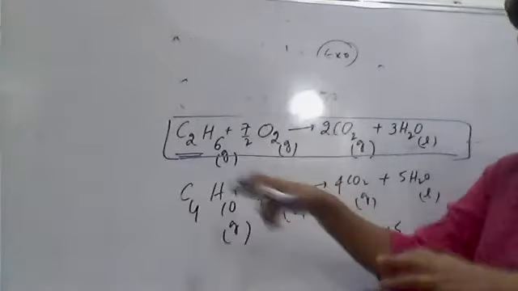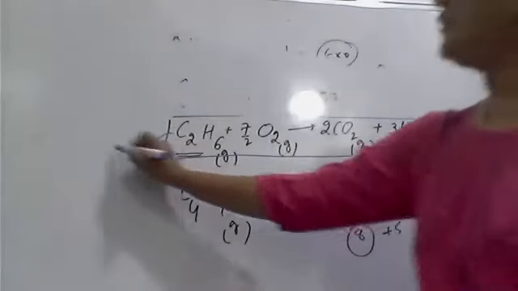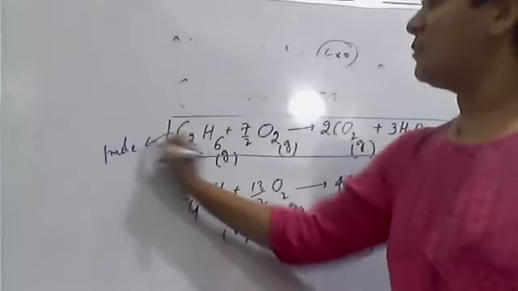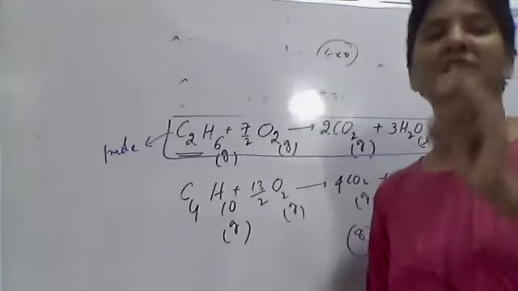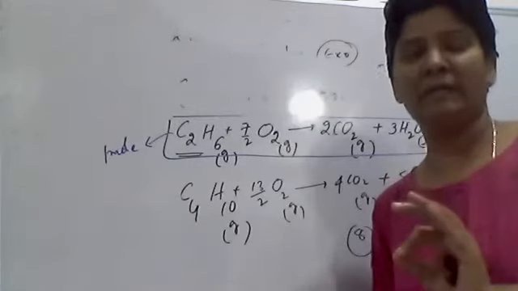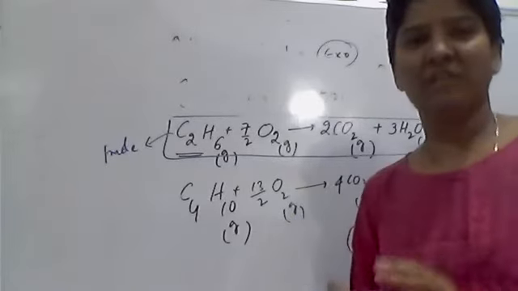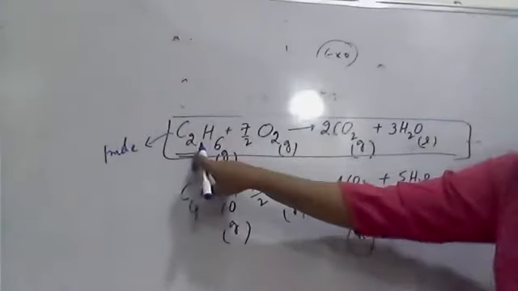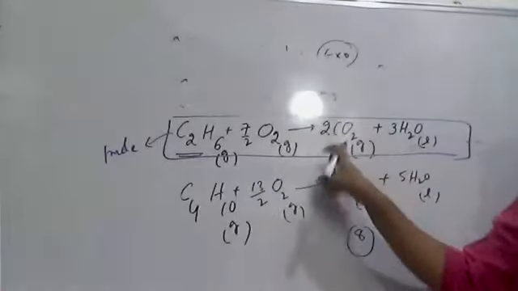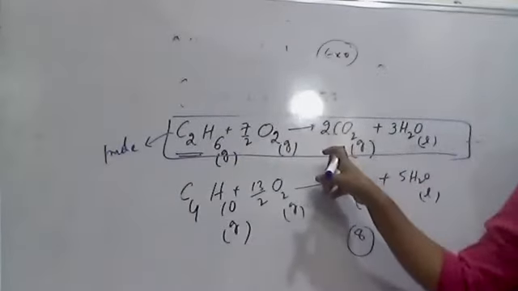When you write a combustion reaction, remember always the hydrocarbon taken is 1 mole, or 1 molecule. Take 1 molecule of hydrocarbon and balance the reaction with the required oxygen. Note here all the carbons change to CO2. So C2H6, ethane, gives 2 carbon dioxide.